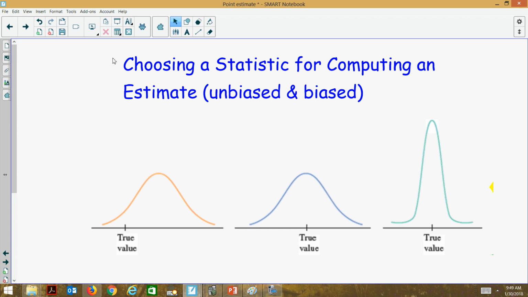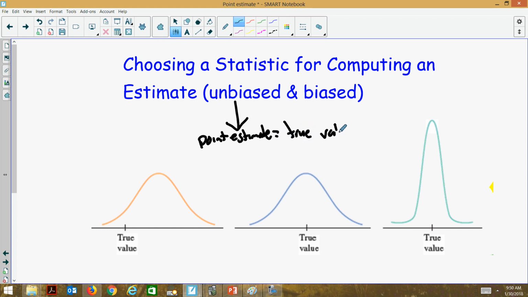So you try to choose a statistic for computing an estimate, and sometimes it could be what is considered unbiased or biased. The definition of unbiased is that the point estimate is equal to the true value of the population.